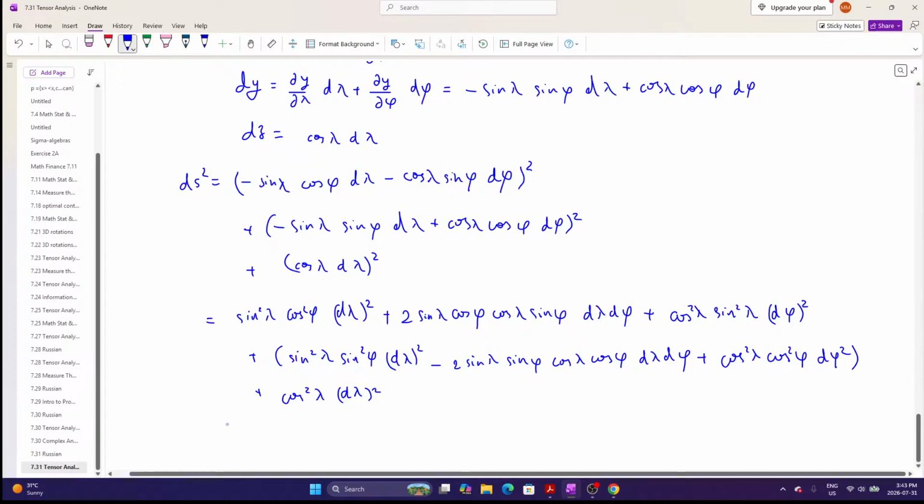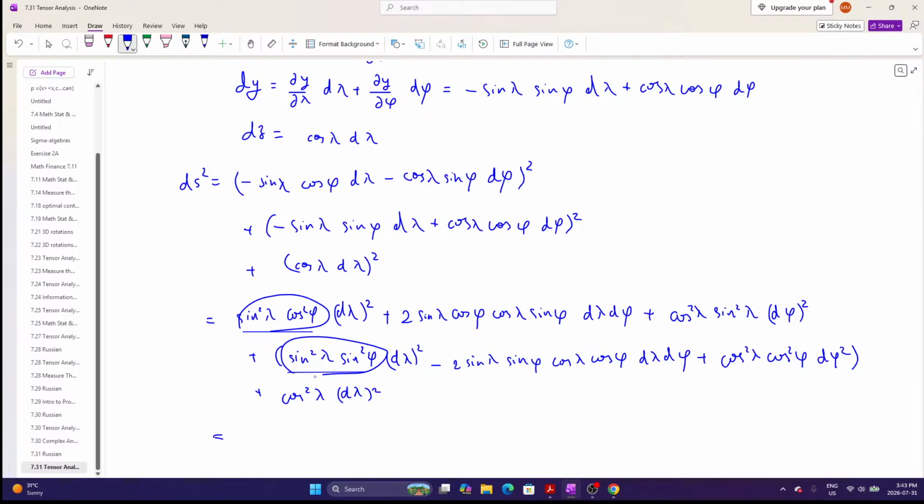Okay, so what's the coefficient of d lambda squared? You've got sine squared lambda cosine squared phi plus sine squared lambda sine squared of phi. These two terms combine to sine squared of lambda. And because of the last term, which is cosine squared lambda, you just get d lambda squared.